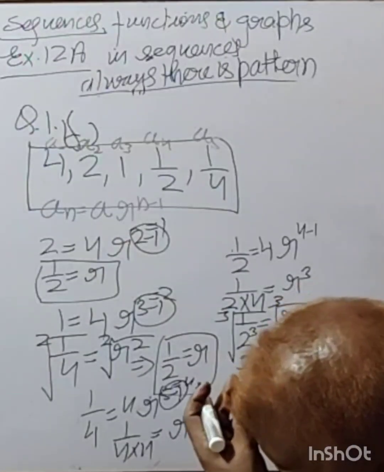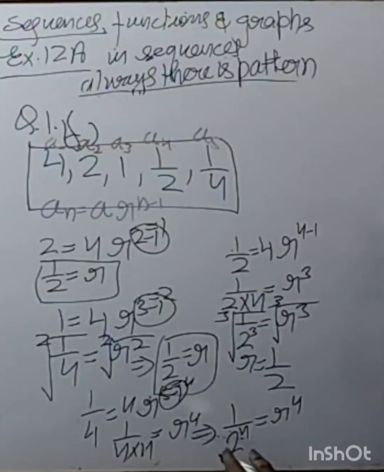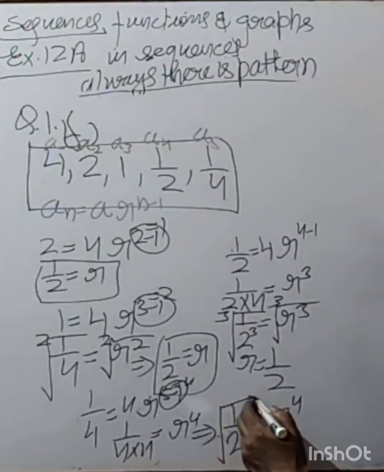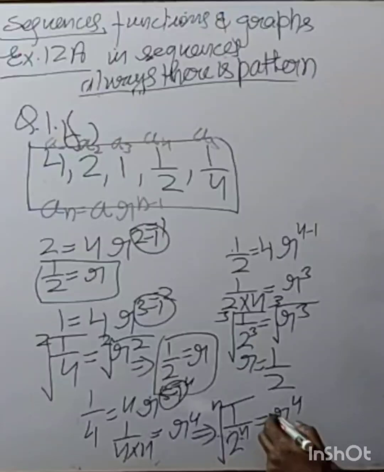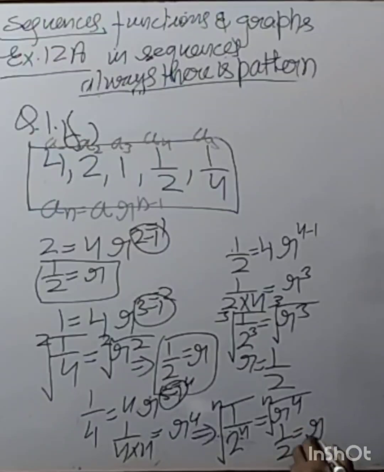So taking 4th root on both sides, we get 1 by 2 is equal to r.